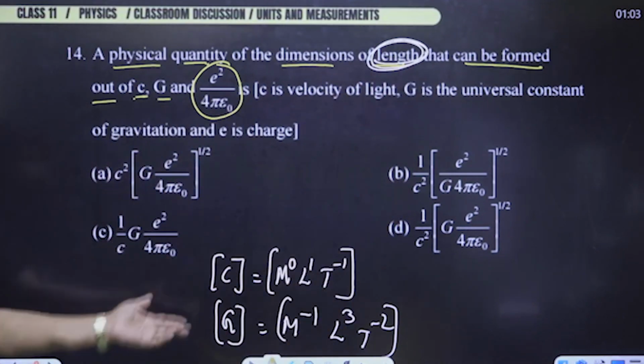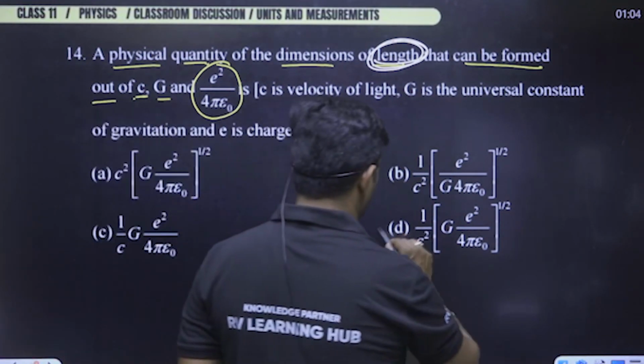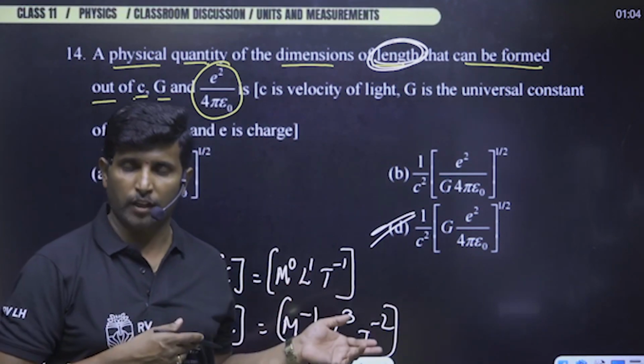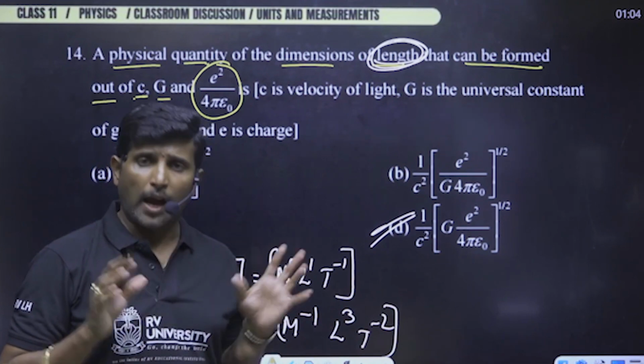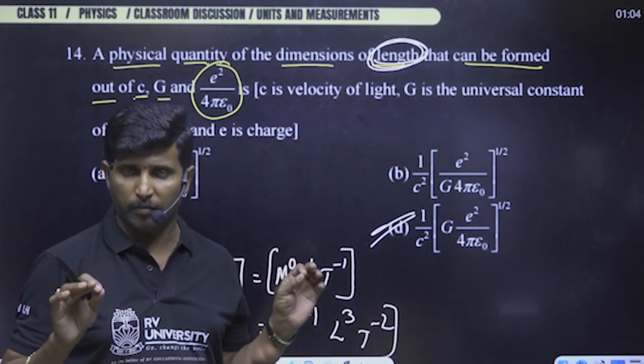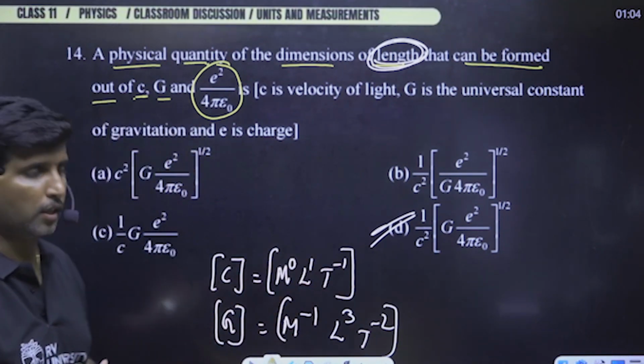So whenever we go through it, and whenever we simplify this, then you will get option D as the right answer. If you want, you can check it once. You have to do a proper substitution and proper simplification. That's it. Definitely you'll get the correct answer.